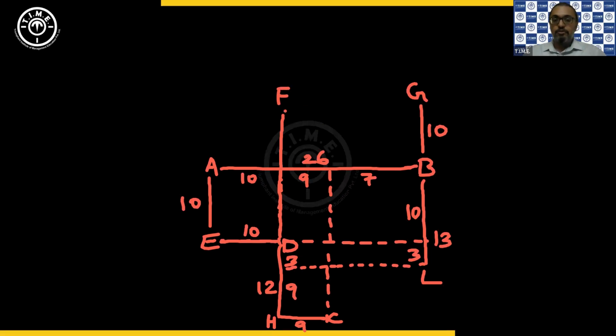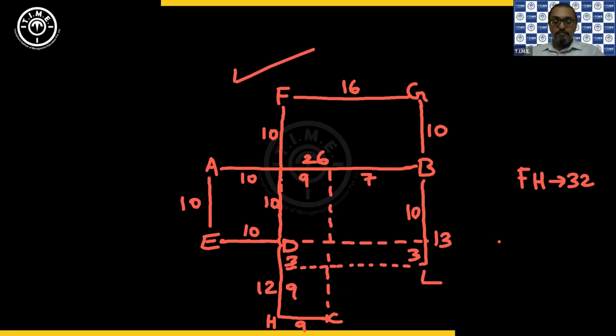So F is north of H and west side, it means the left side of G. So this total is 16 and this total we have is here 12 plus 10, 22 plus 10. So FH distance total is 32. Okay. So that is how we get our final arrangement. So based on this, now we'll have to answer the questions.